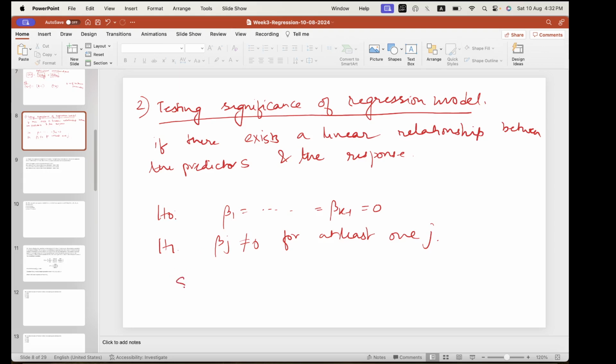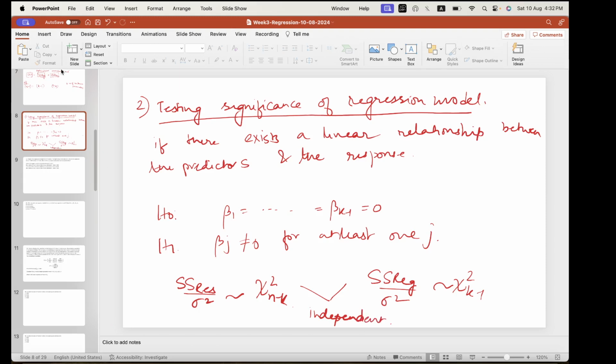We know that SS residuals by sigma square follows a chi-square n minus k, and SS regression by sigma square also follows a chi-square k minus 1, and these two are independent of each other.